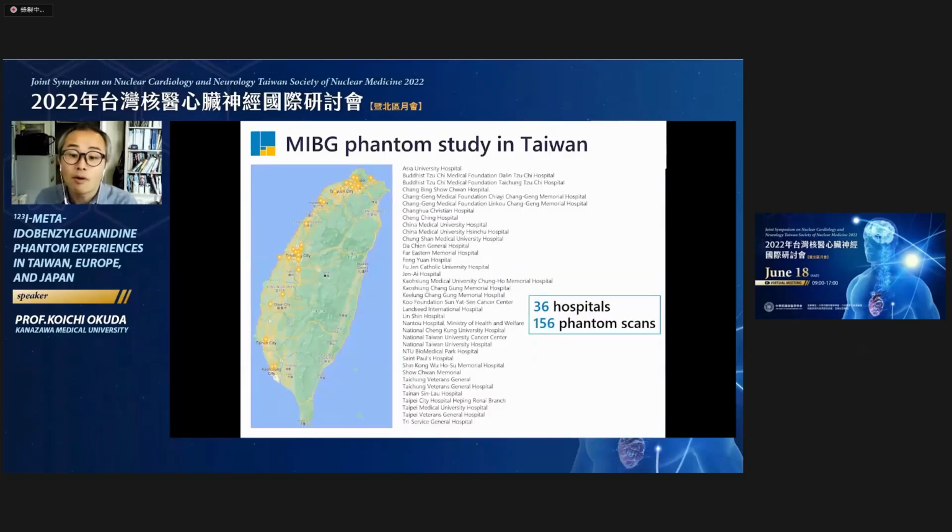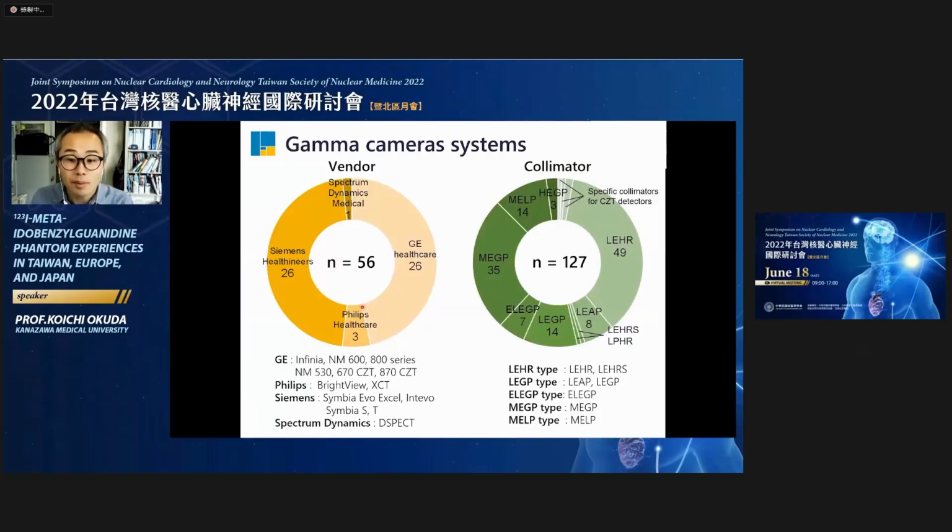In Taiwan, 156 phantom scans were performed in 36 hospitals. We greatly appreciated many participants. 56 gamma cameras and 127 collimators were used in the Taiwanese MIBG phantom study.